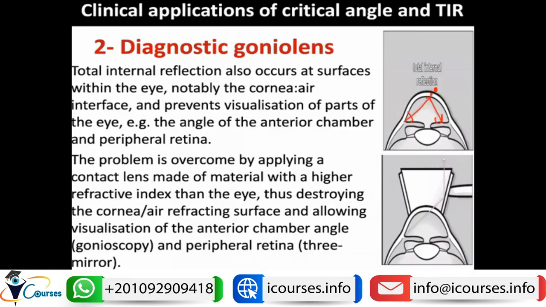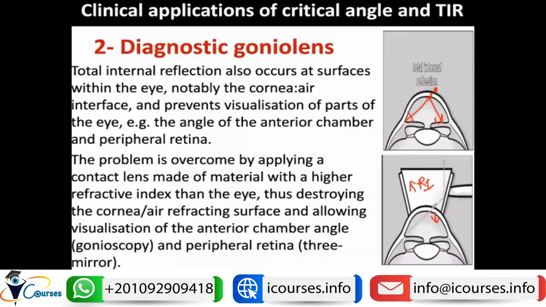To overcome this problem, we use a lens that's called the Goniolens. This Goniolens has an optical density or refractive index that is more than the cornea. So when the light is hitting the cornea from the angle, instead of having total internal reflection inside the eye, it will pass from a less dense material to a more dense material.